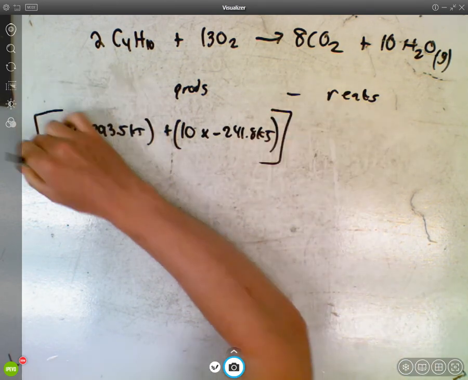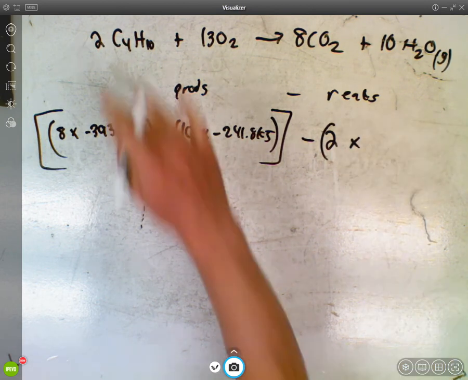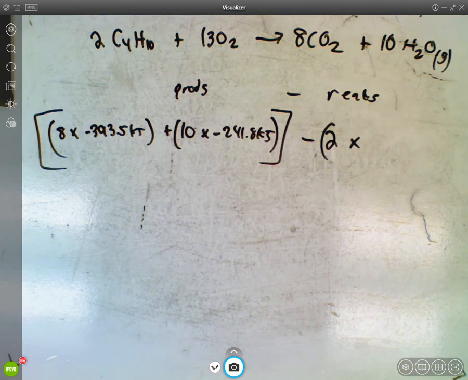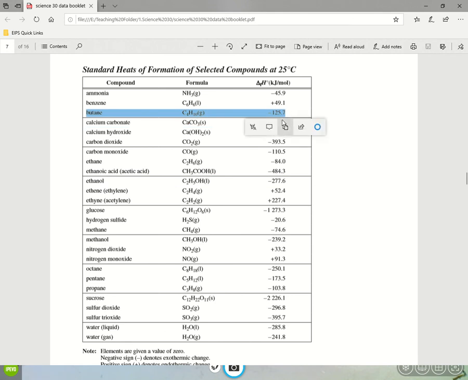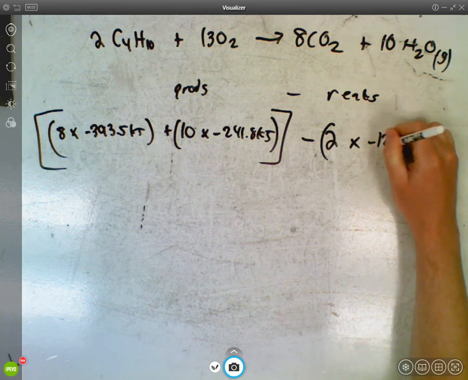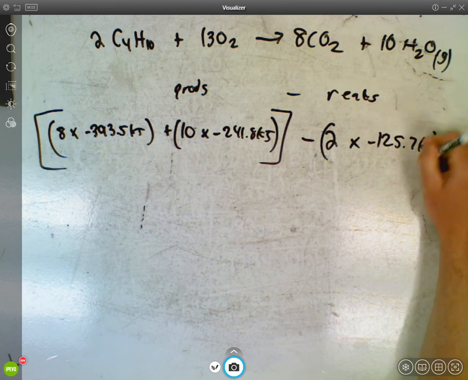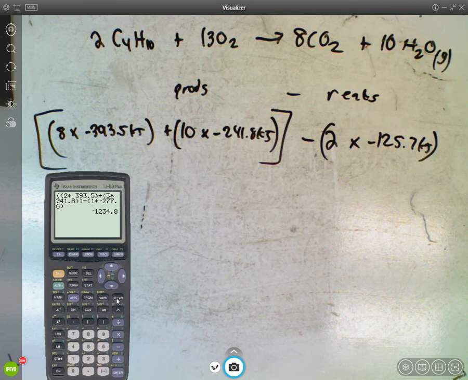Put big brackets around my products, and then I'm going to subtract 2 times my butane. So I'll have to look up that butane, which is negative 125.7. And I'm just going to leave my oxygen out of there because 13 times 0 is 0, so it doesn't affect my equation at all.